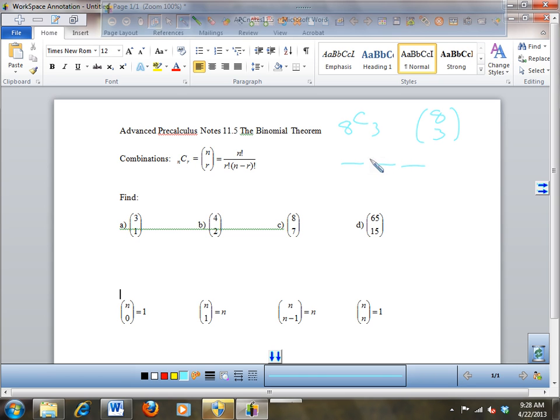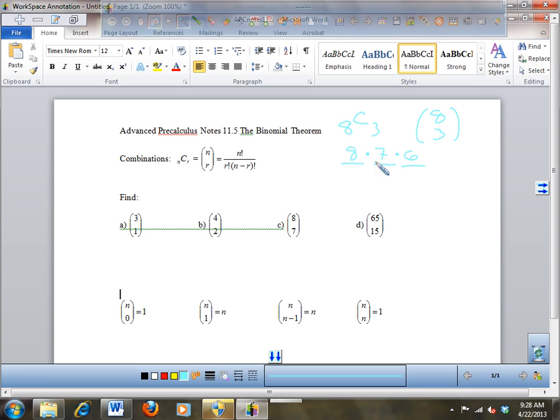We'll learn this in the probability chapter and go into more detail on it. So say you have 8 people and you want to choose 3 of them for a committee. You have 8 choices for your first spot, 7 choices for your second spot, and 6 choices for your third spot. Altogether that's 8 times 7 times 6 different ways you can fill these exact slots.